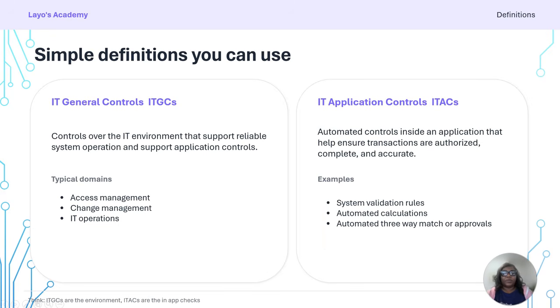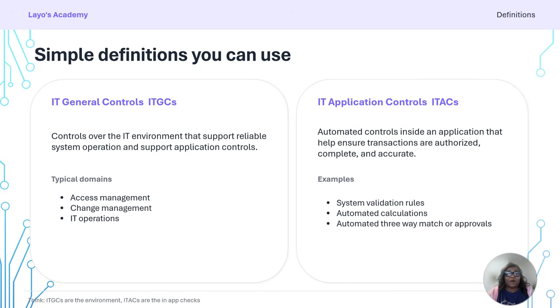Okay, so let us start with IT general controls. They are also called ITGCs. So what are ITGCs? They are controls over the IT environment that support reliable system operation and support application controls. What does it mean? They are the foundational controls that support the overall reliability of the system.